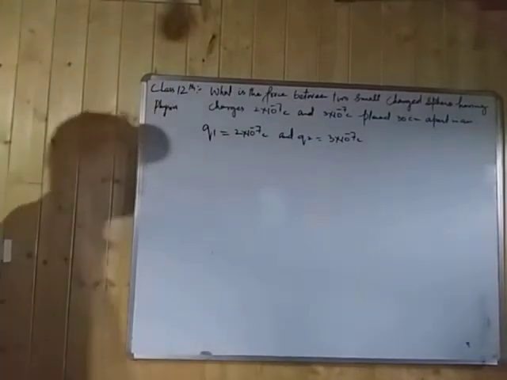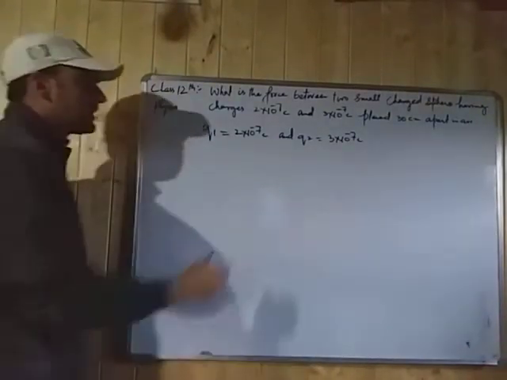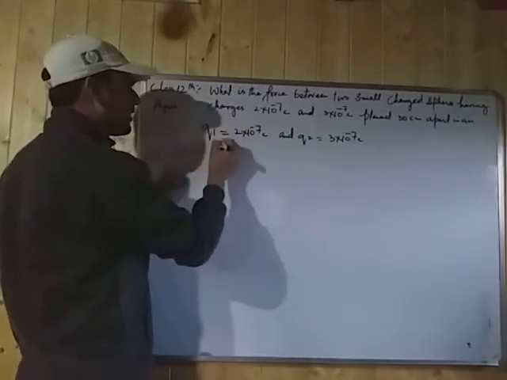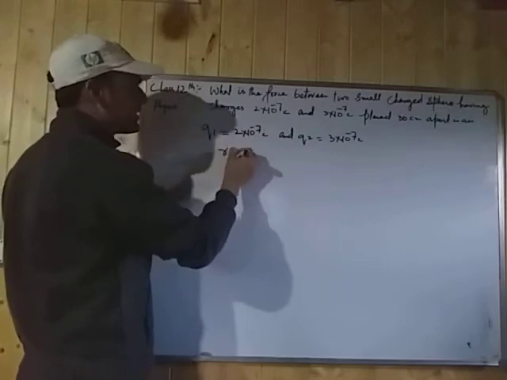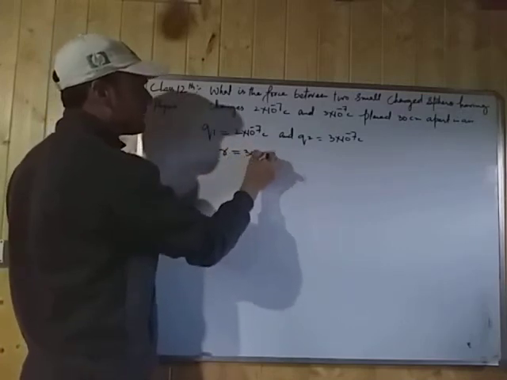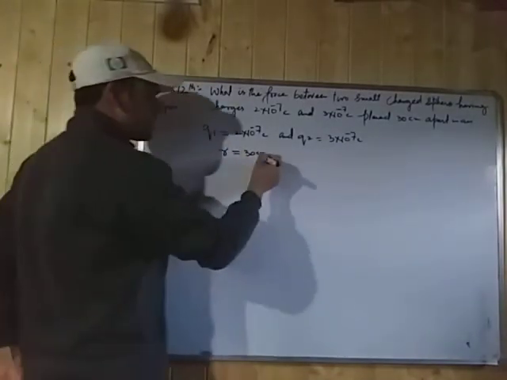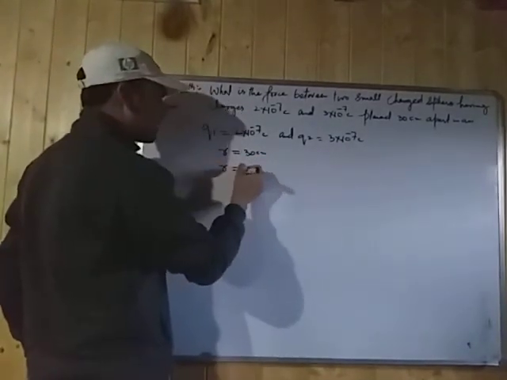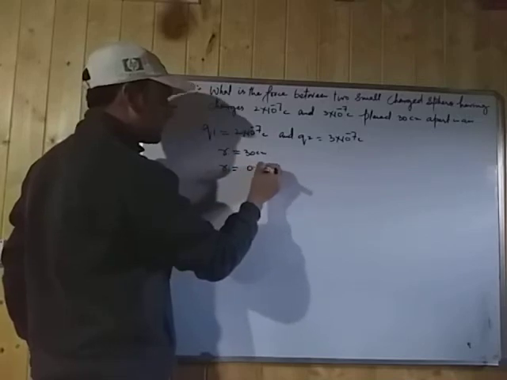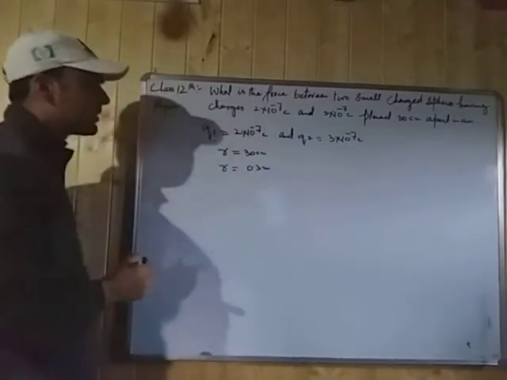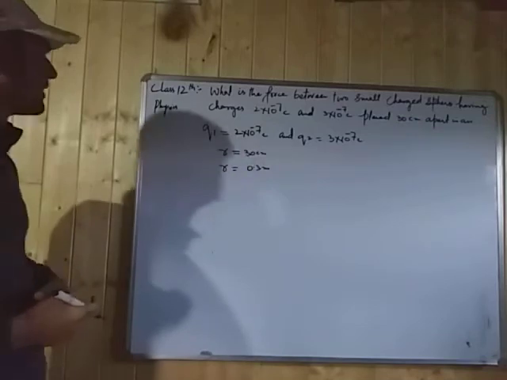And the distance r is equal to 30 centimeters. We have to change it into meters, so this will be equal to 0.3 meters.